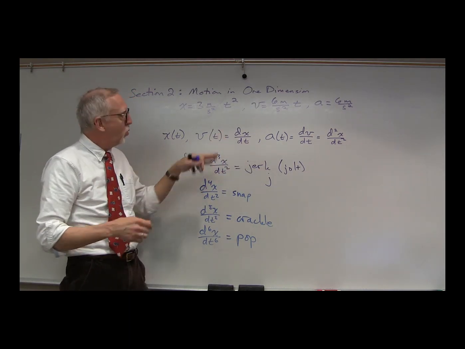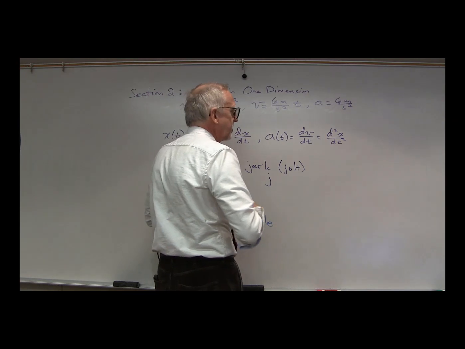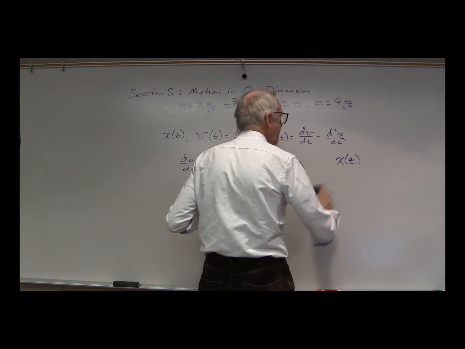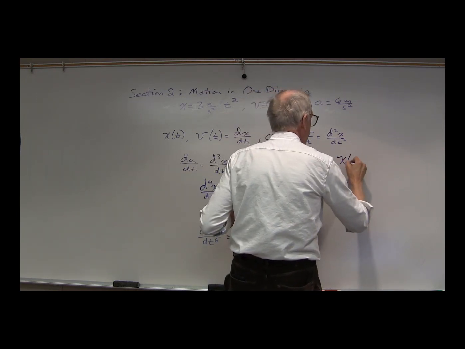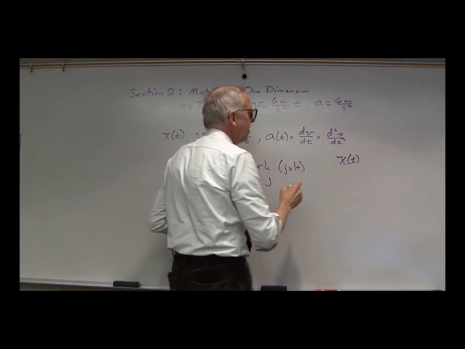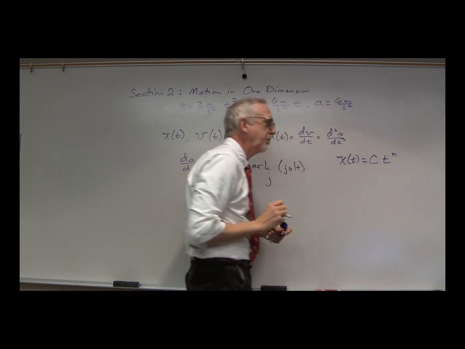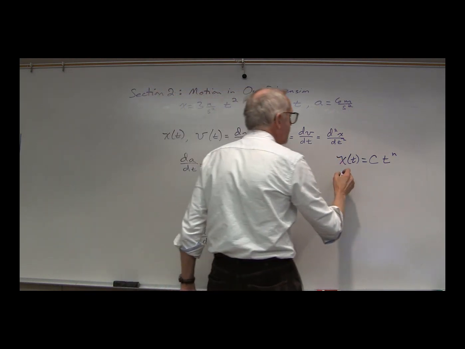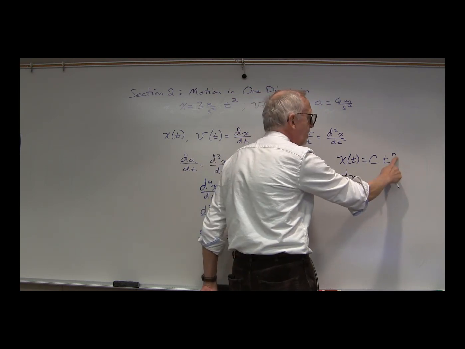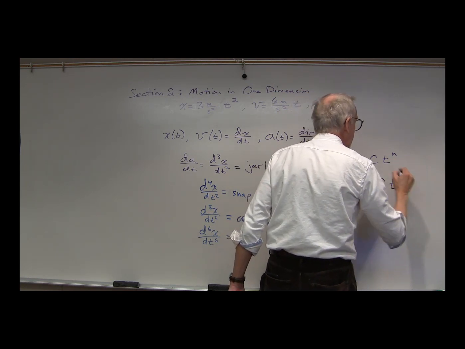Let me just mention one more thing. Because it does come up so often, let me mention one specific case. If you have a position as a function of time with this kind of polynomial form, so we've got some constant c times, let's say, t to some power n, then just remember that to make the first derivative, we bring down this factor of n, so this is n times c times t, and then we subtract 1 from the power.